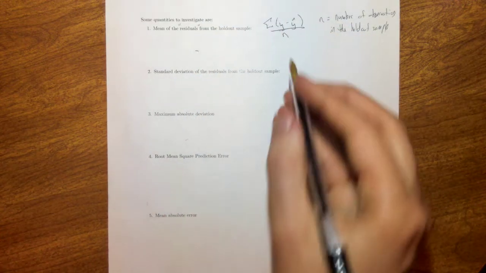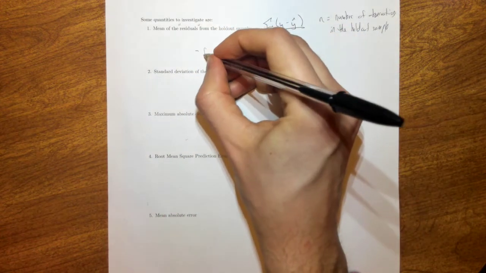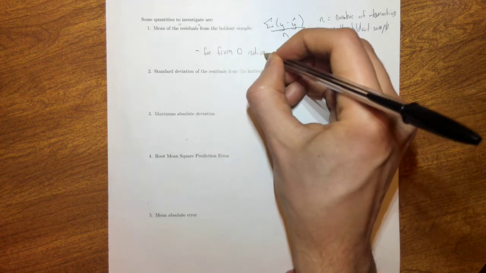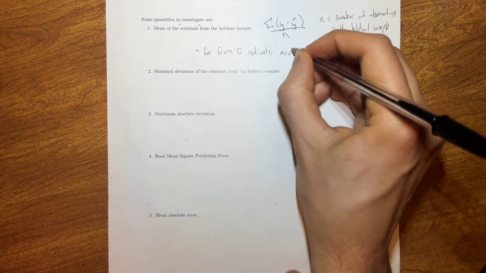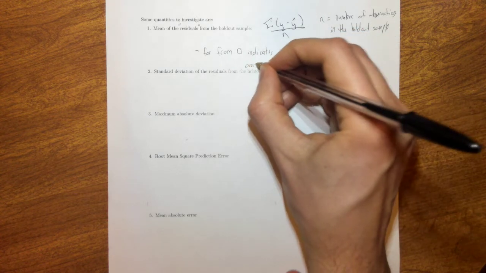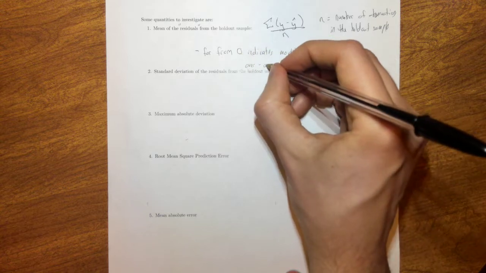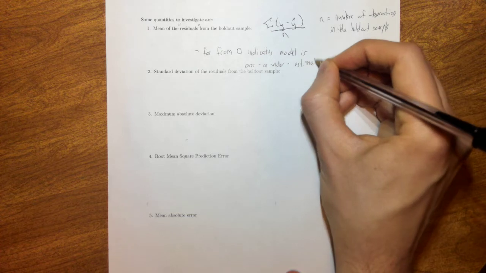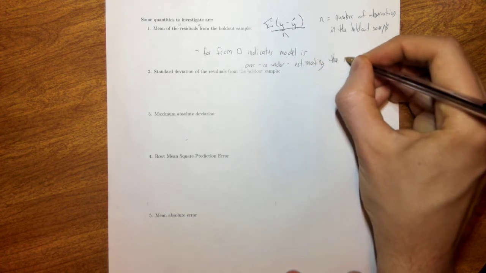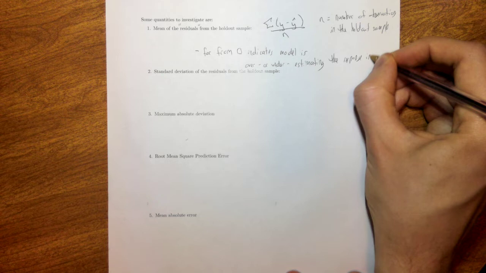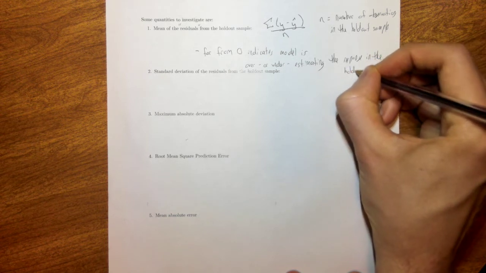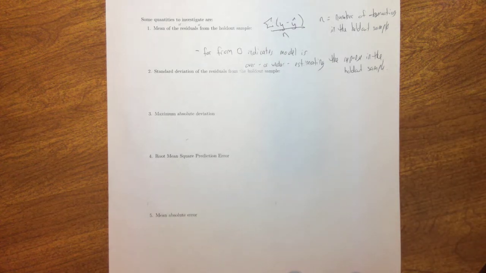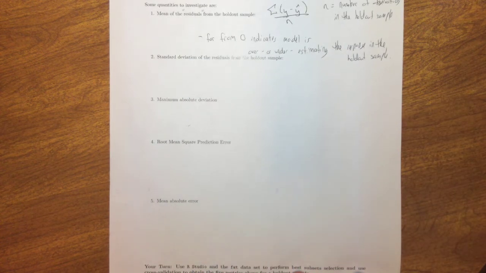And so we're really just looking for this mean to be close to 0, because far from 0 indicates that the model is either over if it's bigger than 0 or under if it's less than 0, estimating the response in the holdout sample, which is bad. So we want it to be close to 0. How close depends on what the units of y are, but that's generally what we're looking for.